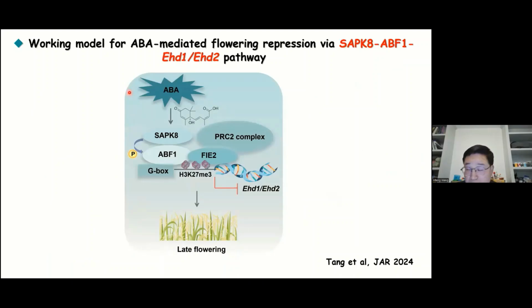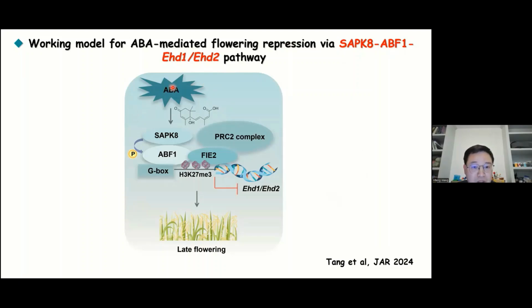So, based on the above results, we drew the SPK10, ABF1 and HD1, HD2 pathway for ABA-mediated flowering repression.